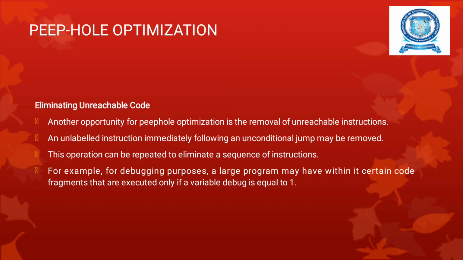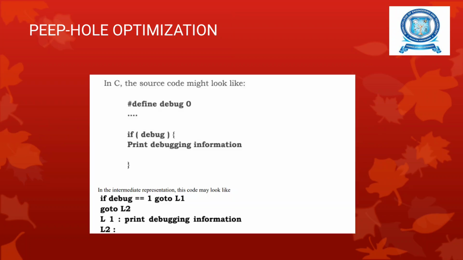Another example, for debugging purposes: a large program may have within it certain code fragments that are executed only if debug is equal to 1. Here, consider debug is defined as 0 by using the define statement. But in this we have one if condition: if debug, print the debug information.